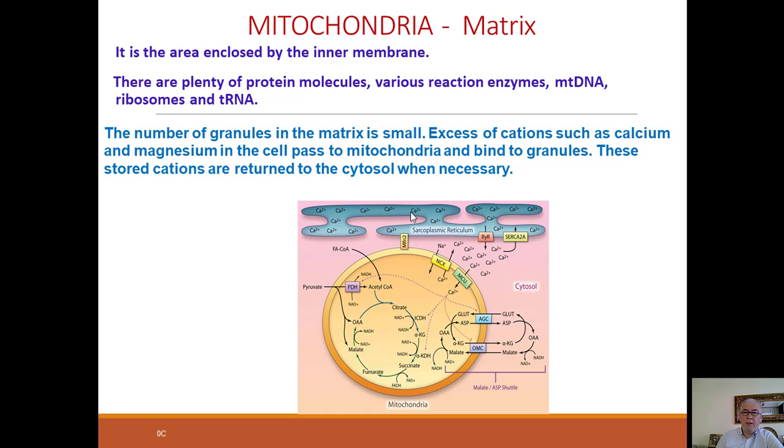Also, there is mitochondrial DNA in the matrix, ribosomes, and tRNA. The number of granules in the matrix is small. Excess calcium and magnesium in the cell pass to mitochondria and bind to granules. This calcium and magnesium are returned to the cytosol when necessary.